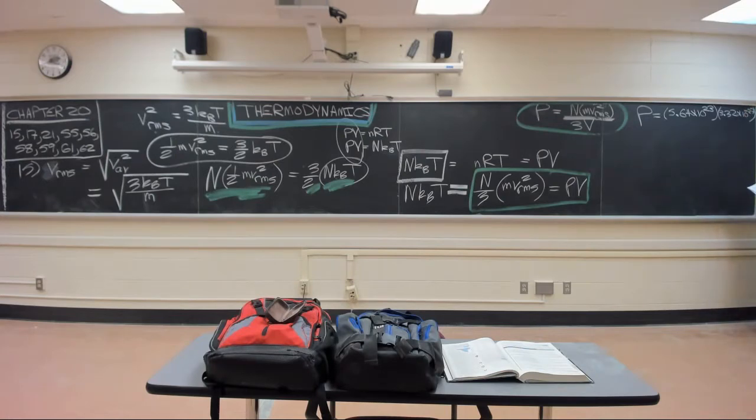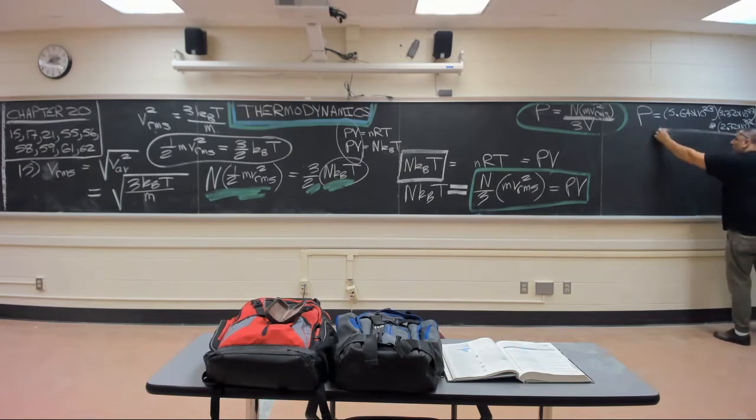That's M. They told us it was 2.72 times 10 to the third, times 2.72 times 10 to the third. That's VRMS squared. Sounds good. The 3's the 3.